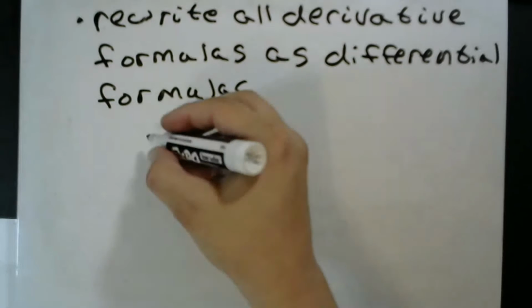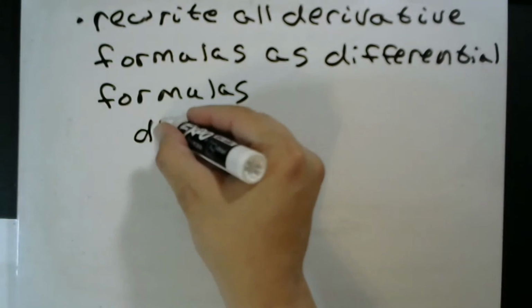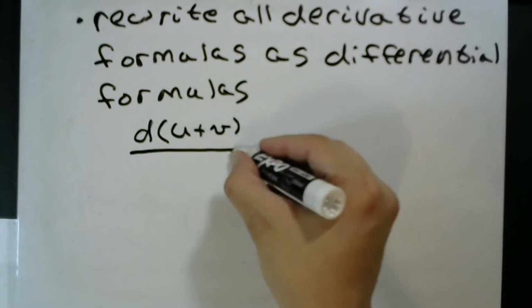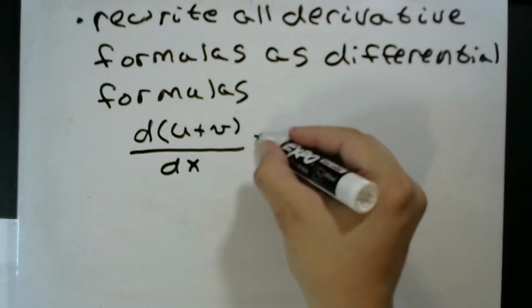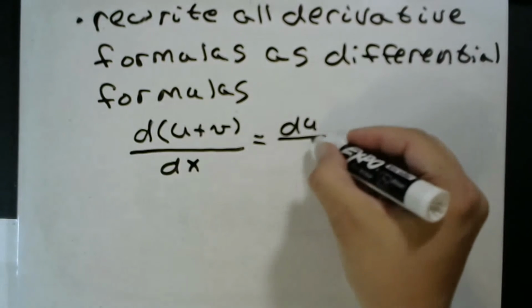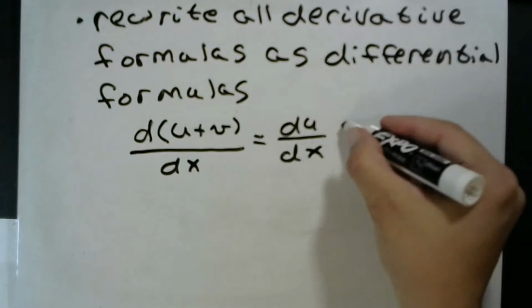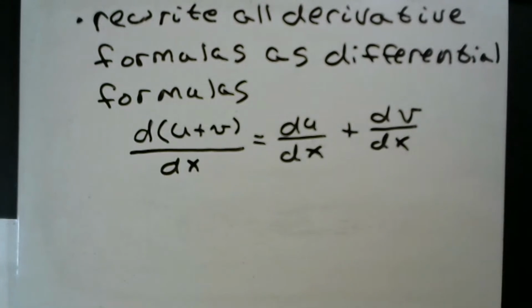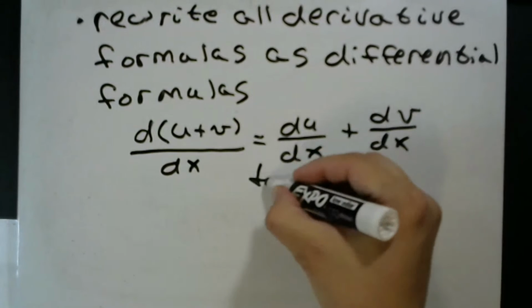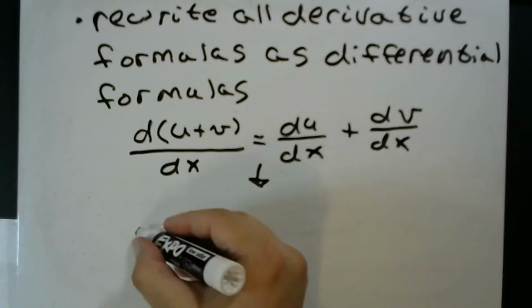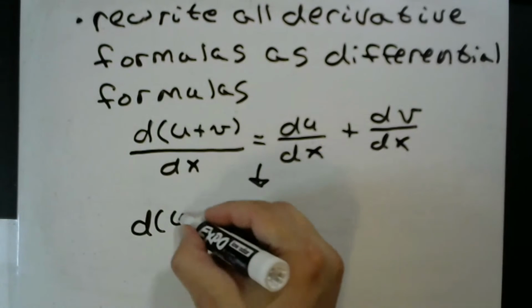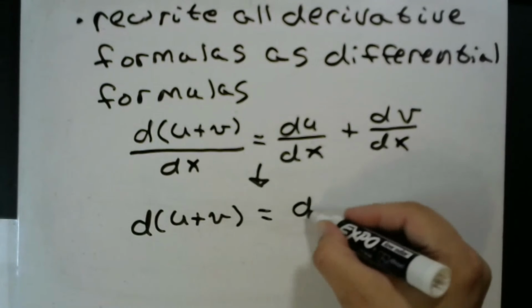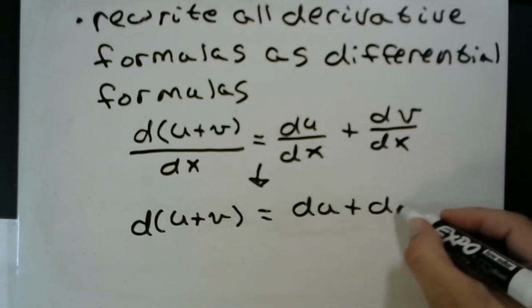So what this means, if we have, say, u plus v, these are two functions. The derivative of a sum is the sum of the derivatives. Well, what this is going to become is the differential of the sum of two functions will be the sum of the differentials.